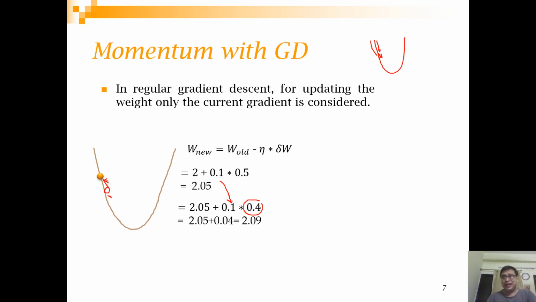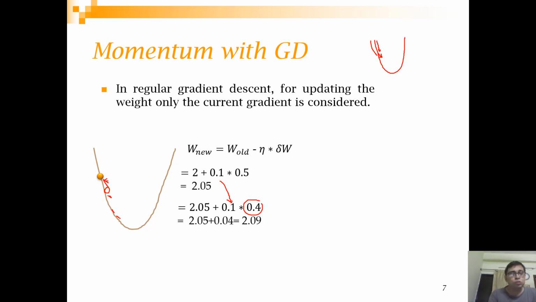As you ascend this slope, your gradients become smaller and smaller, so you will converge quite slowly. When you are very, very close, your gradient will be very, very small, so your steps will also be very, very small.